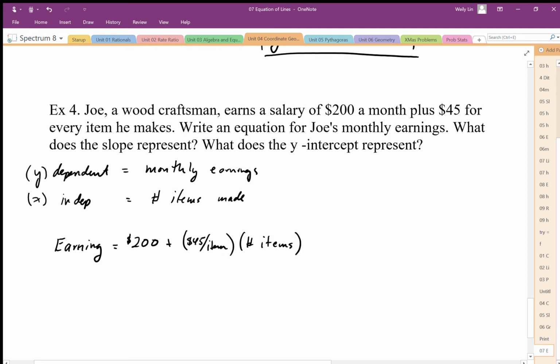And those will cancel out so that the units are going to be dollars. That looks all very consistent. And that's a fixed amount. That is a rate in the problem. Okay, and that's really key.